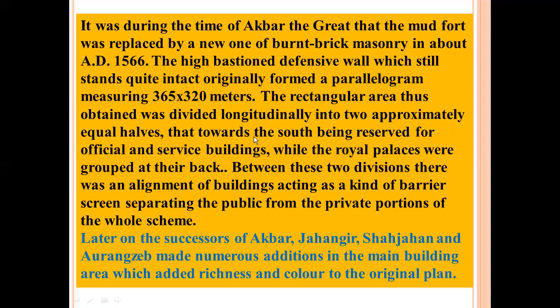One area toward the south was reserved for the offices, and the other area toward the north was for the royal palaces. Between these two divisions, there was an alignment of buildings, acting as a kind of barrier screen separating the public from the private portion of the whole scheme. It means one portion of this area was reserved for the public services and the other was for the private people.